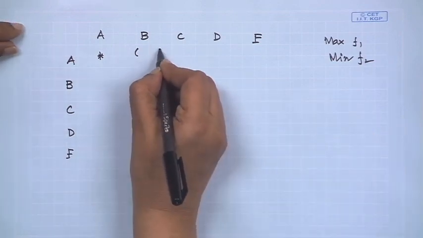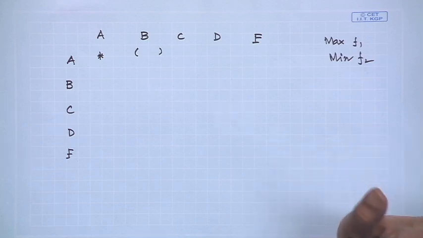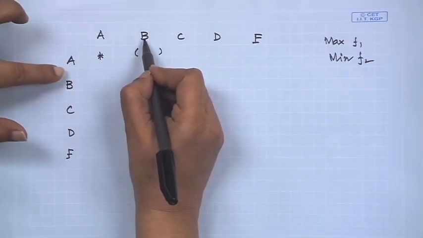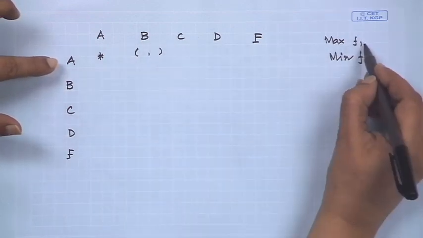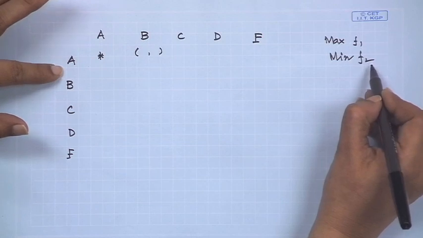If I compare A and B, I will put a tuple. A tuple is a combination of a few elements together. Here I am putting a tuple of 2 elements within the parentheses. One is for the preference of A with respect to B with respect to F1, and the other is A with respect to B with respect to F2.